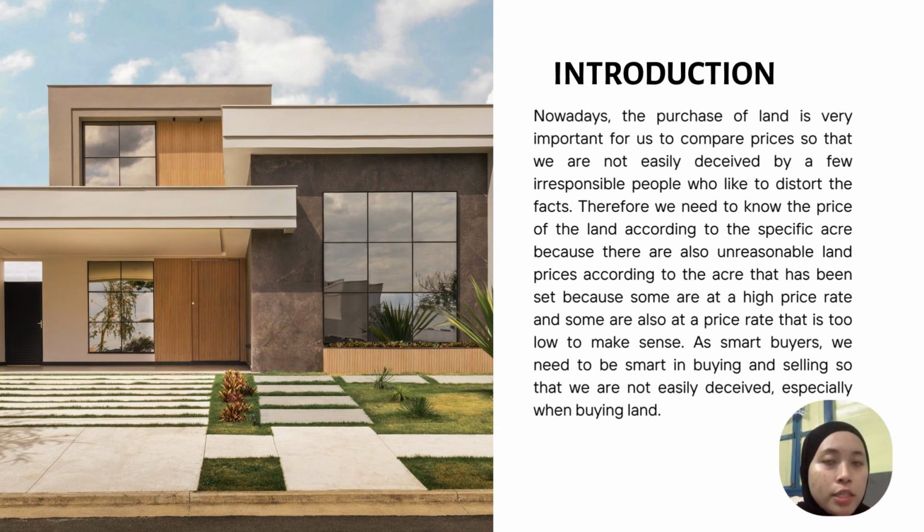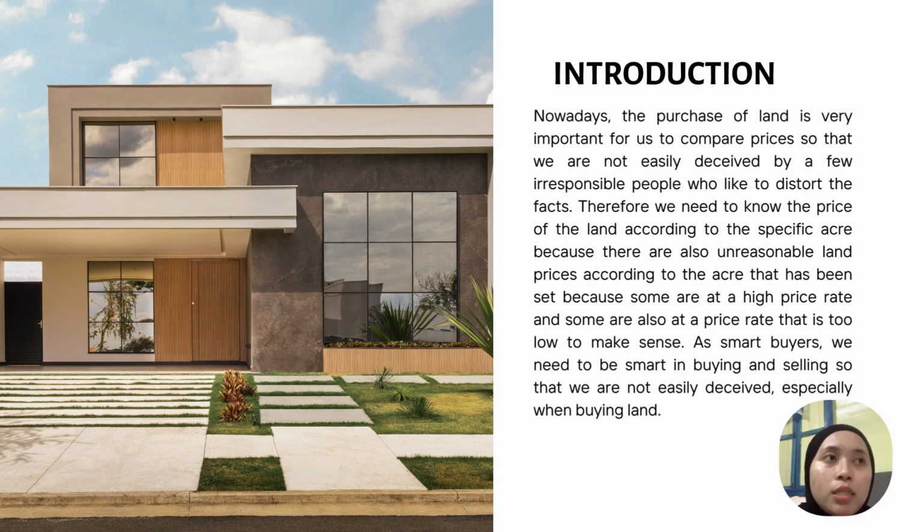For the introduction, nowadays the purchase of land is very important for us to compare prices so that we are not easily deceived by a few irresponsible people who like to distort the facts.